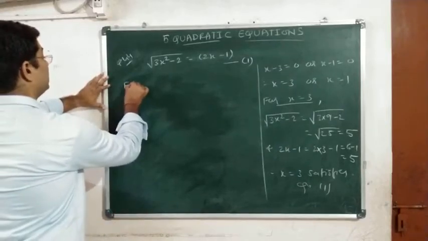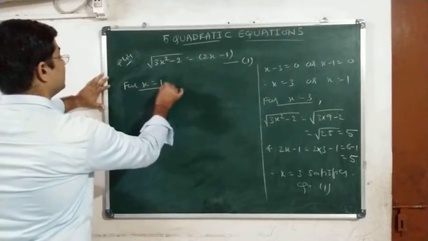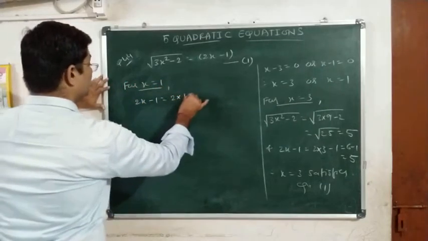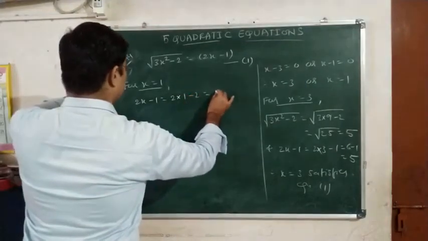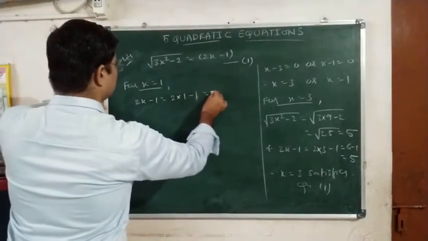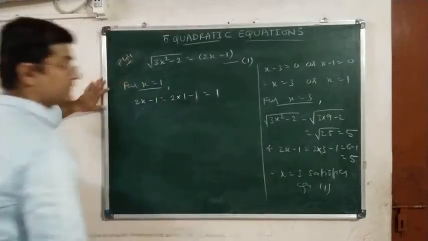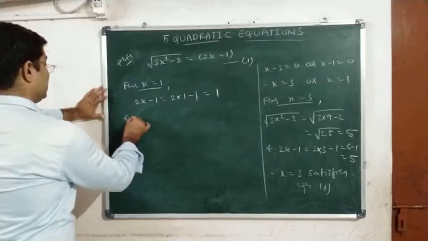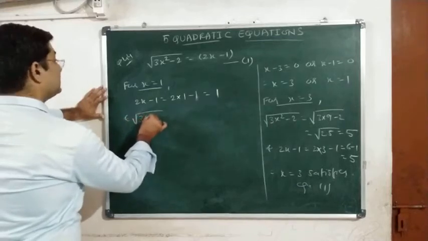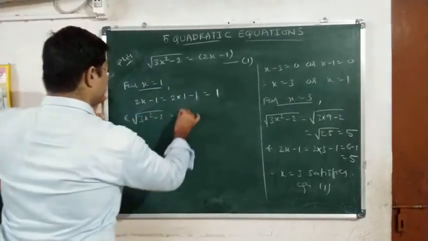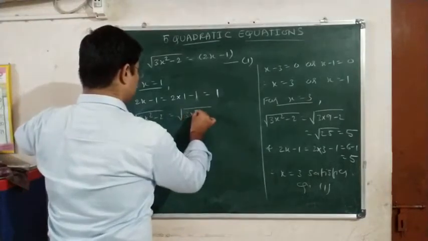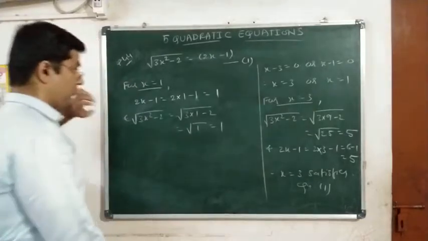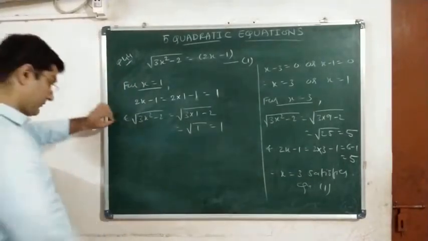Okay, for x is equal to 1, 2x minus 1, 2 minus 1 is equal to 1. Okay, this is RHS, and 3x square minus 2 is equal to 3 into 1 minus 2, root 1 is equal to 1, so obviously 1 also satisfies.